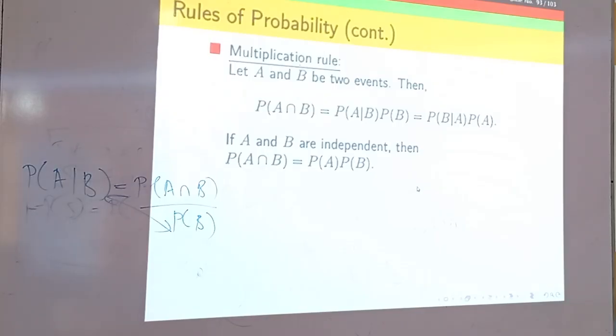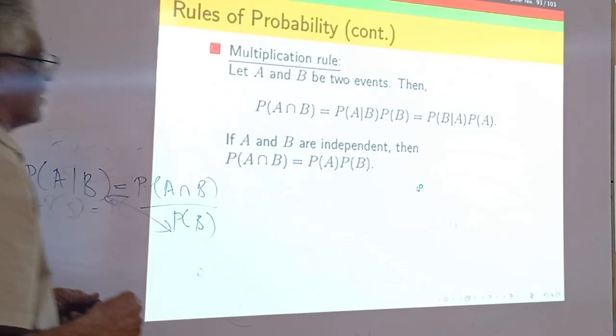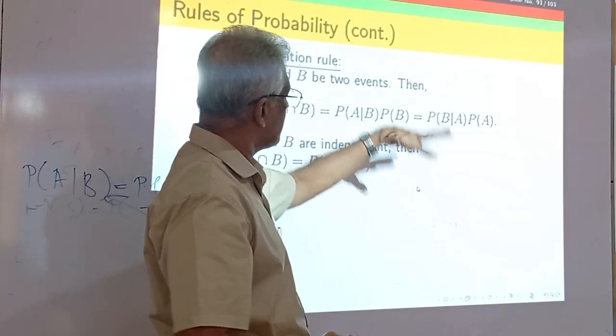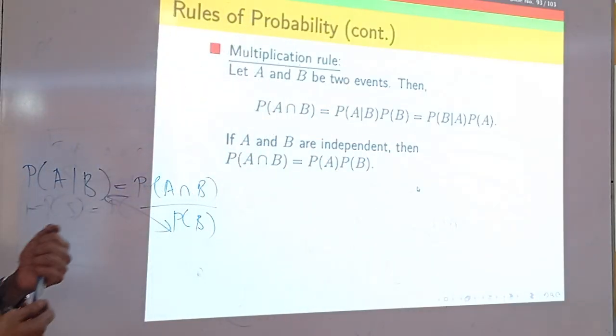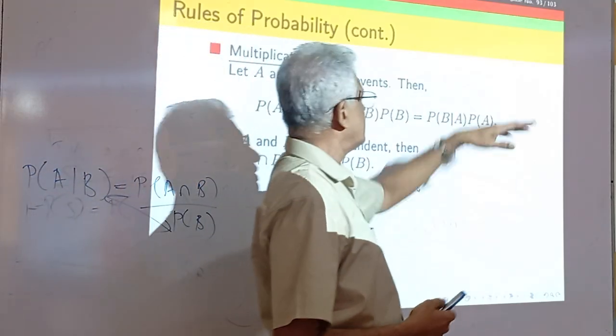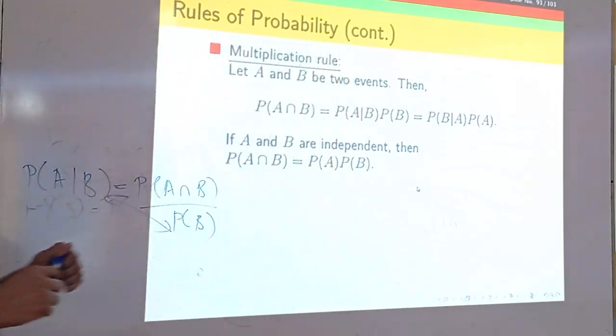That's the general multiplication rule: the probability of A intersection B is equal to the probability of A given B times the probability of B, or the same thing you can write as the probability of B given A times the probability of A.